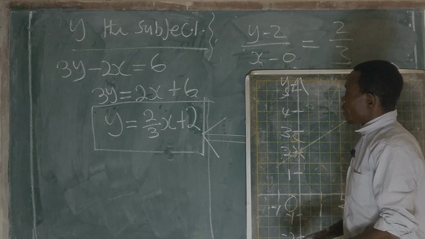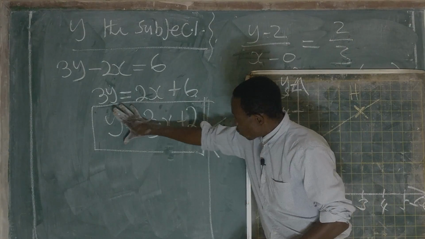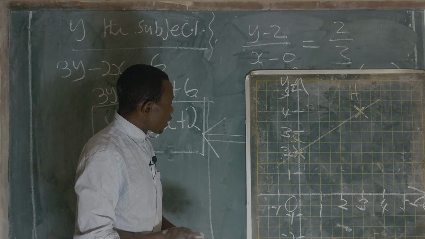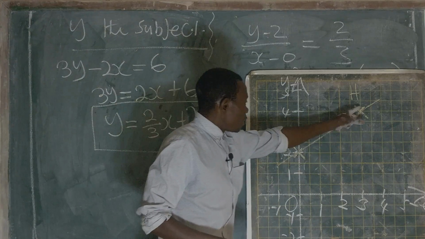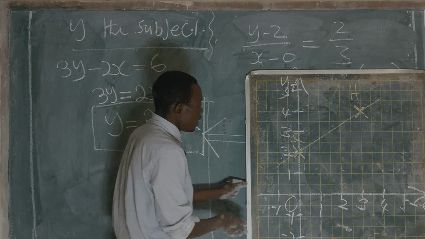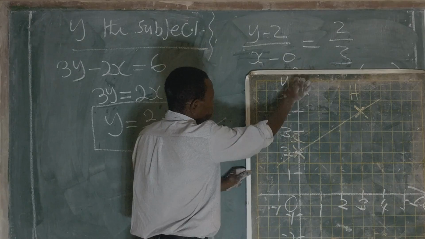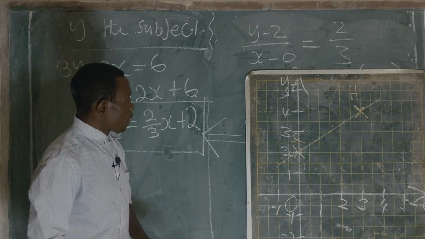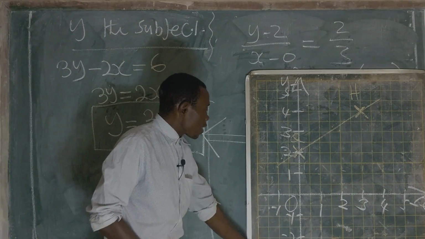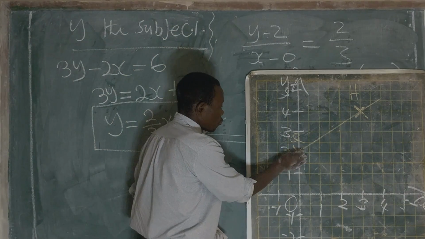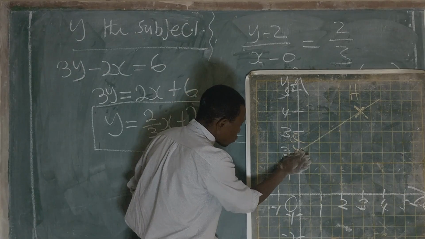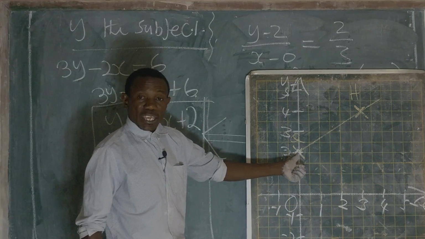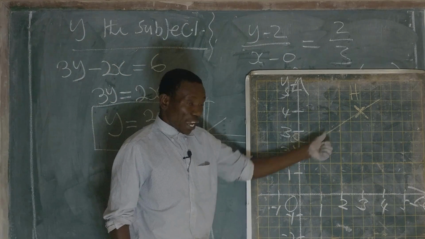You're going to observe that if you look at this equation critically and compare with the line that you have drawn here, this line is intersecting the y-axis at one position. You find that this line is intersecting the y-axis at position 2. This 2 is the y-intercept of this line.